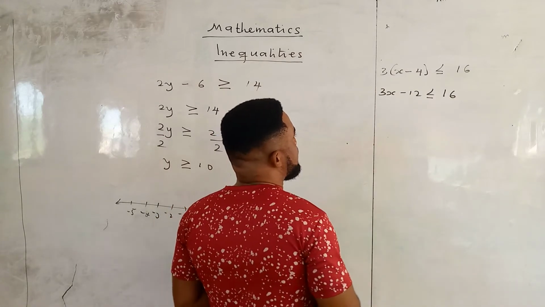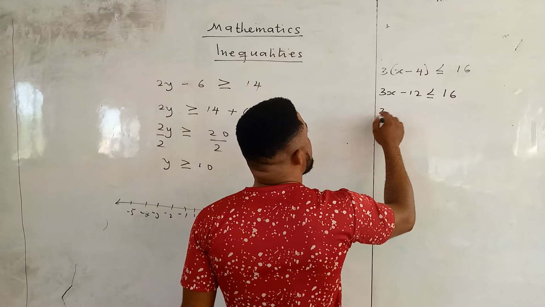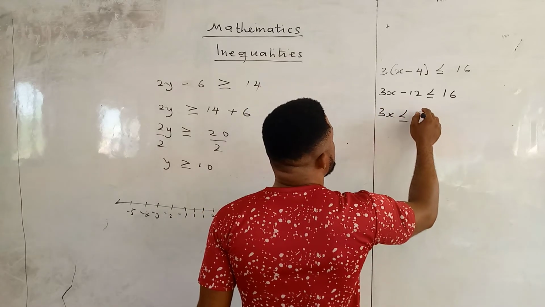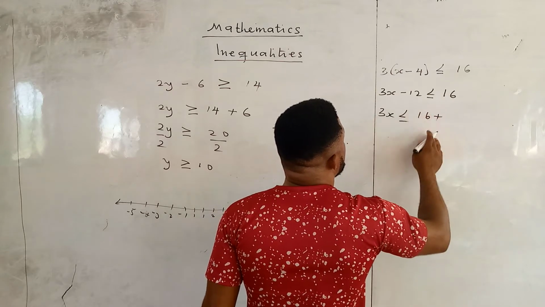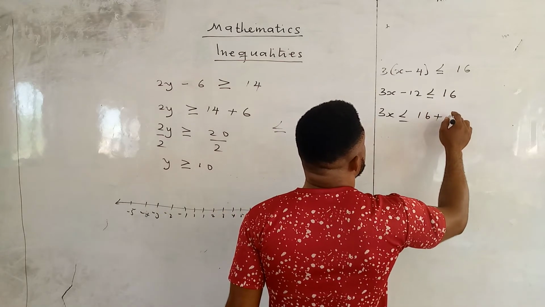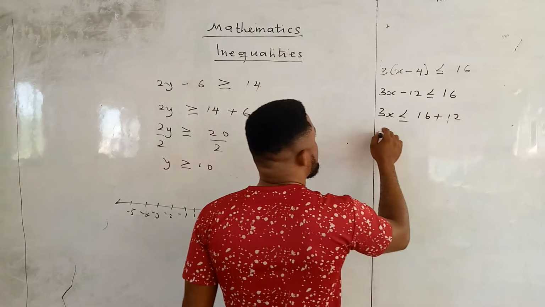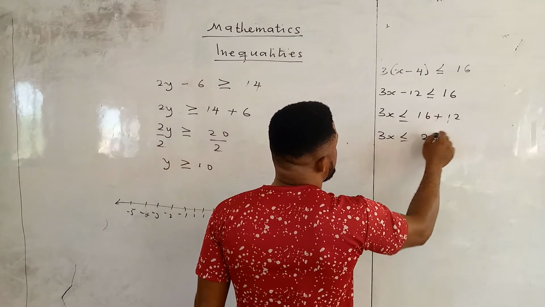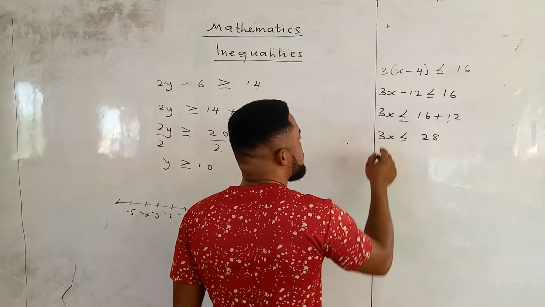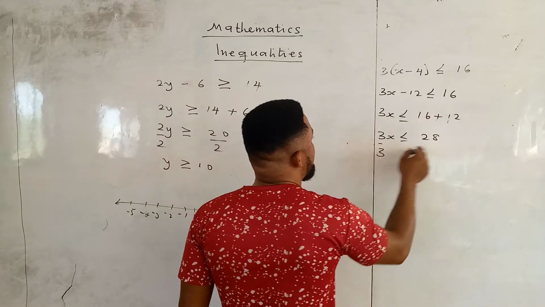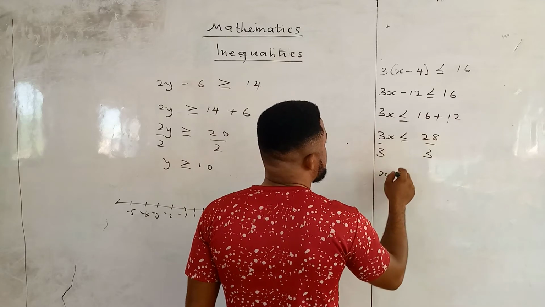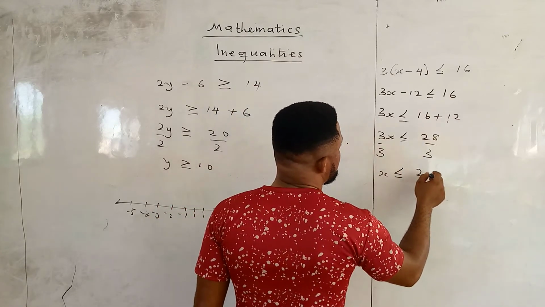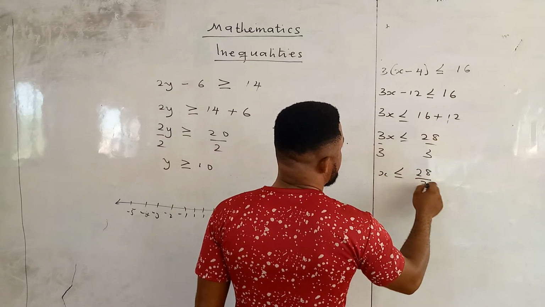So here we're going to have 3x less or equal to 16 plus 12. So 3x less or equal to 28. So we divide both sides by 3. So x is less or equal to 28 over 3.